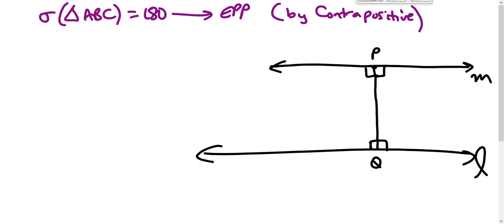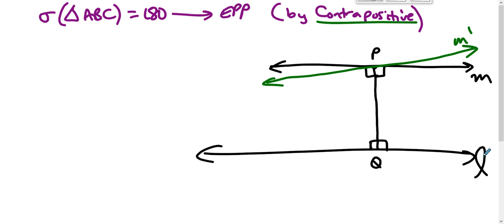Now, because we're proceeding by contrapositive, we assume that there is another line that passes through point P and is also parallel to line L. We assume that, and we show that there has to be some triangle whose angle measures add up to less than 180.